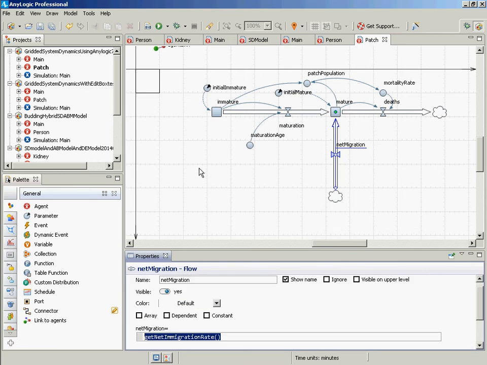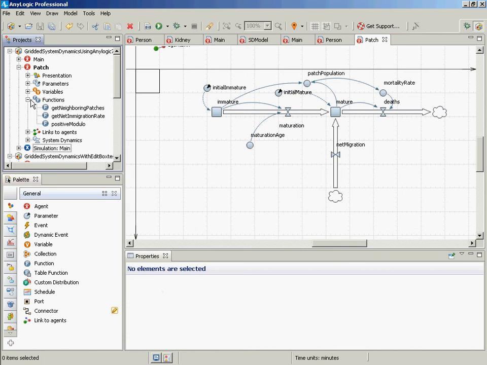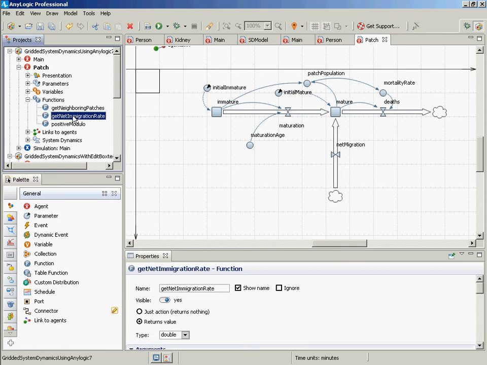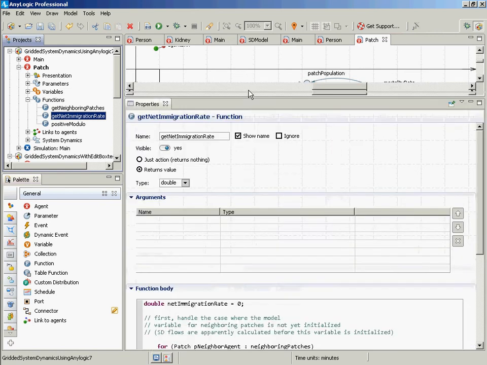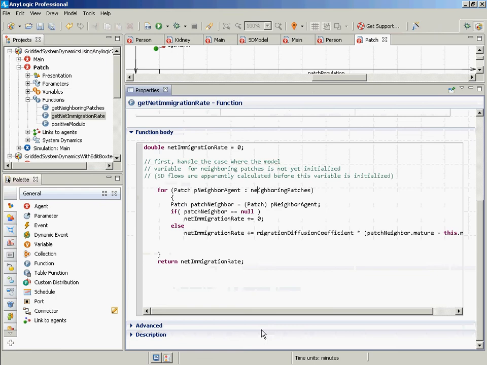Get immigration rate is set by looking at the relative sizes of this population with neighboring populations. So it considers all patches around this.